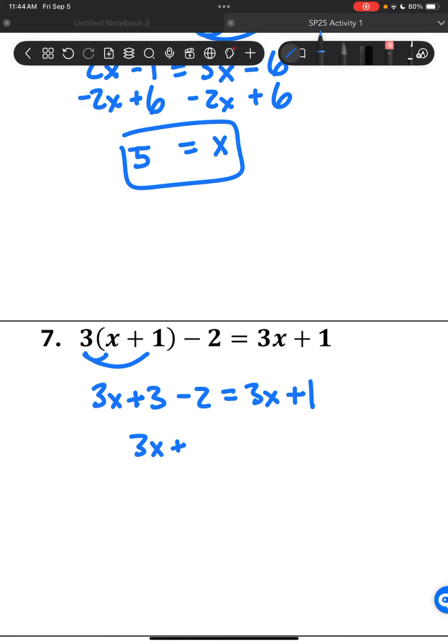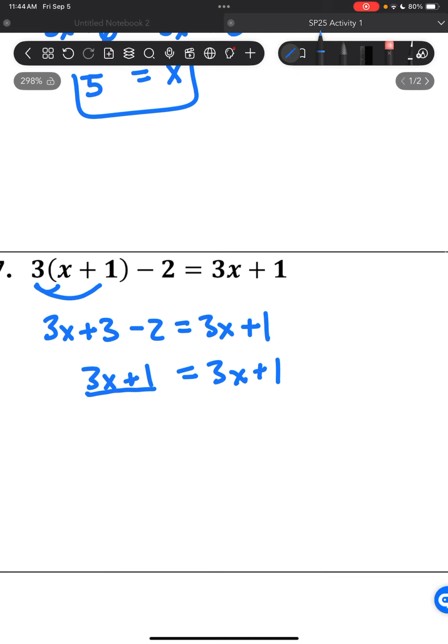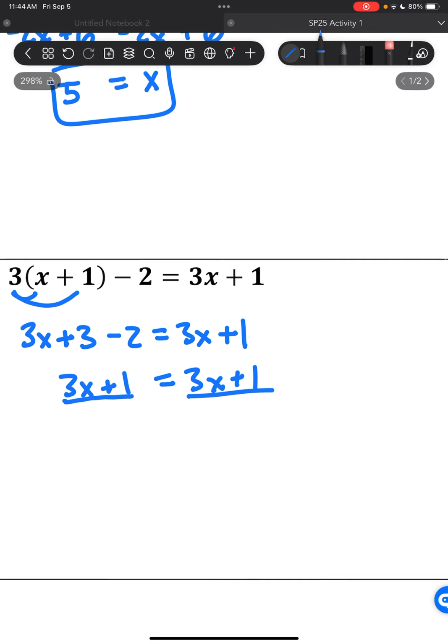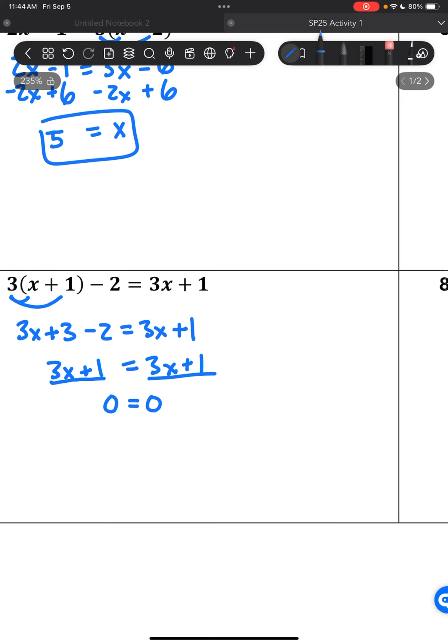So that's going to get us plus 1 equals 3x plus 1. Now, this equals this. So we're going to get it down to here: 0 equals 0. This is where you can write it different ways. We have infinite solutions. I might be spelling it wrong.